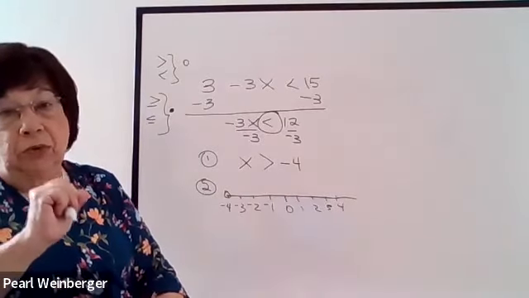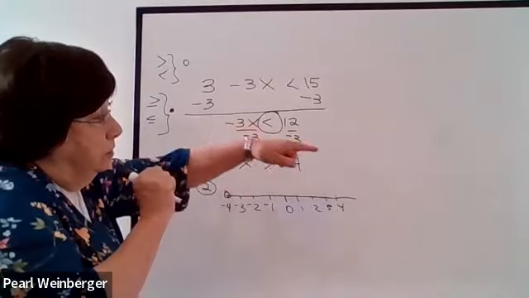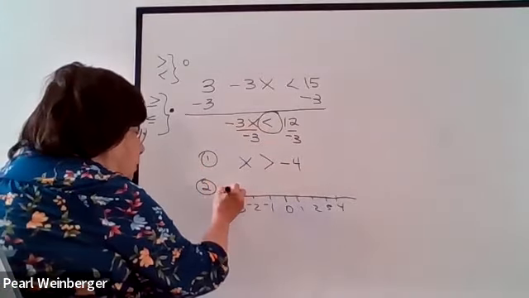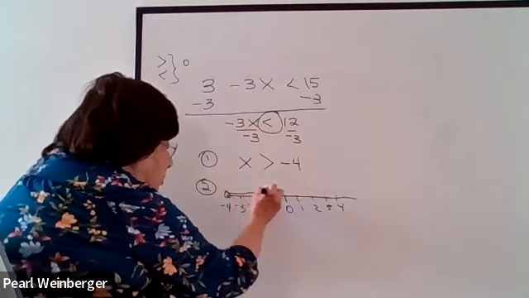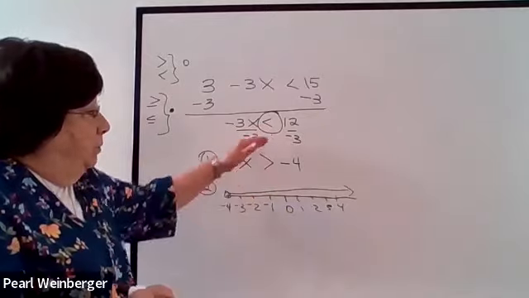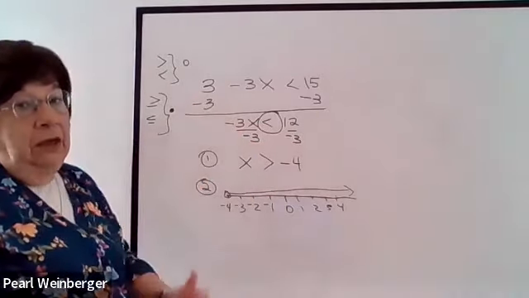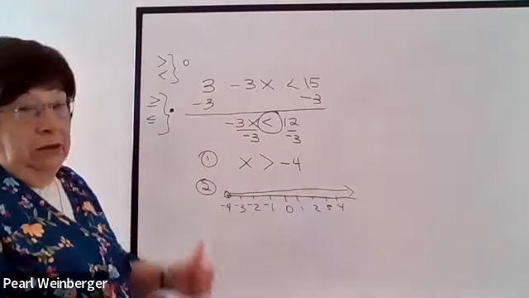And it's actually pointing in the correct direction. This is pointing to the right. That means you're going to, from this open circle, draw an arrow to the right. If it would be a less than sign, it would have been pointing to the left, and it would have been an arrow going to the left.